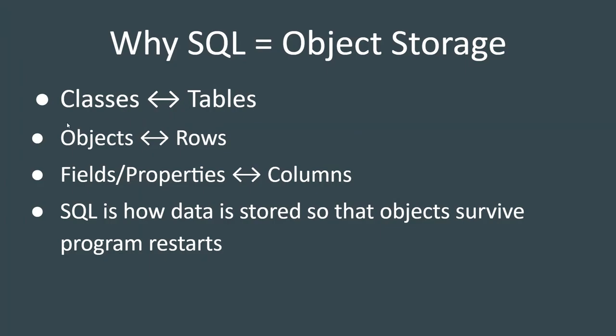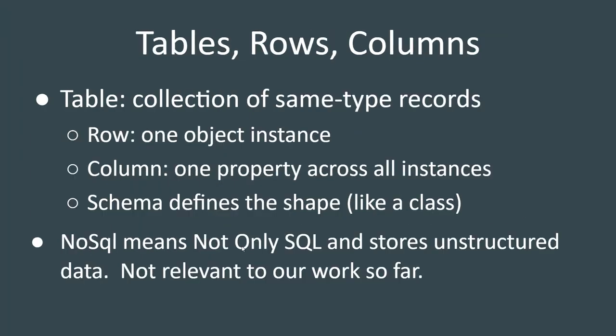Then each instance of a class becomes a row in the table, and your fields and properties become the columns in the table. And like I said, the main reason is so that you can have all that large data and access it efficiently, even after the program starts and stops.